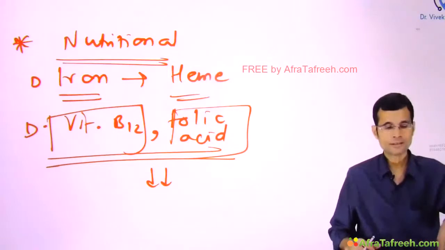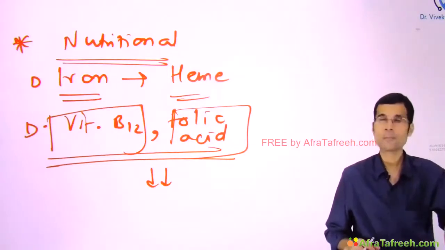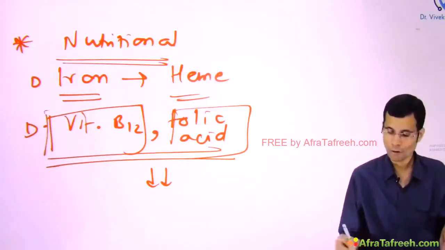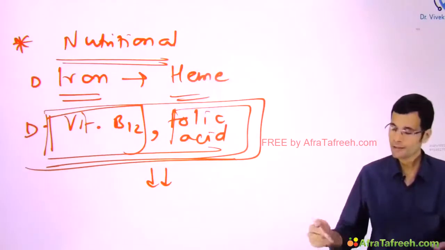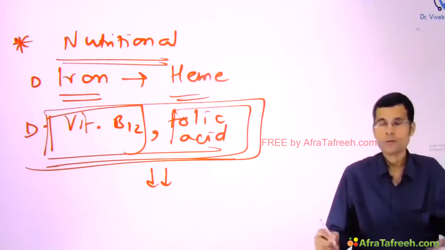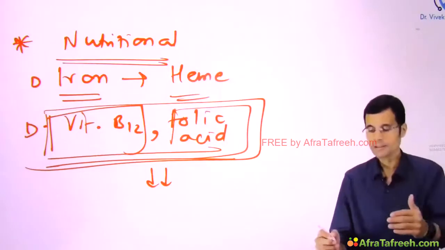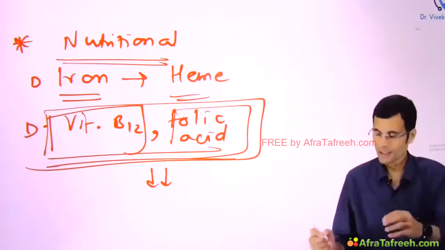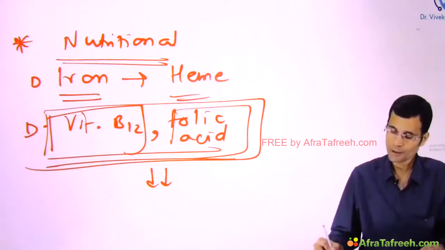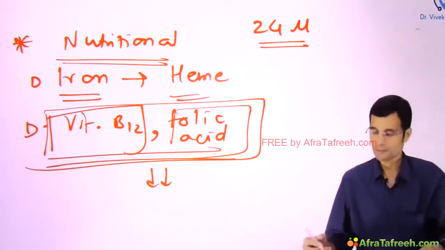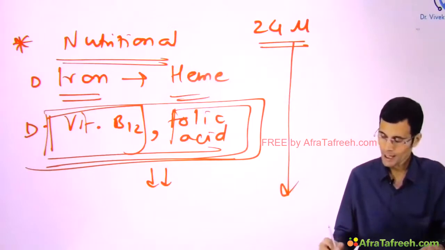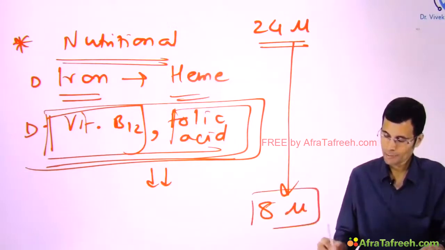Now consider this, that if cell division does not happen because the nucleus has not formed, then the cells do not divide. One factor that I'll bring in here is that the pluripotent hematopoietic stem cell was 24 micron in diameter, but the final RBC is about 8 microns in diameter.